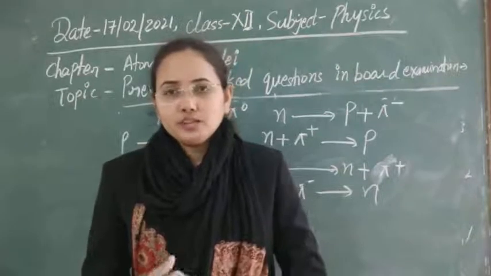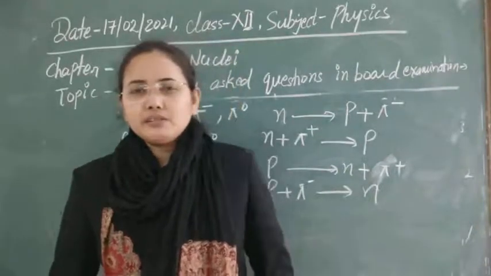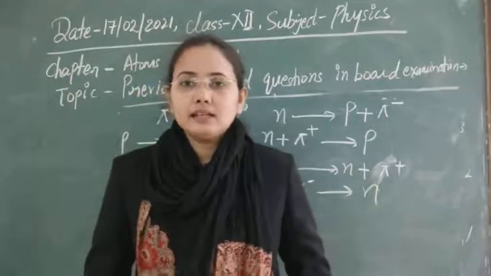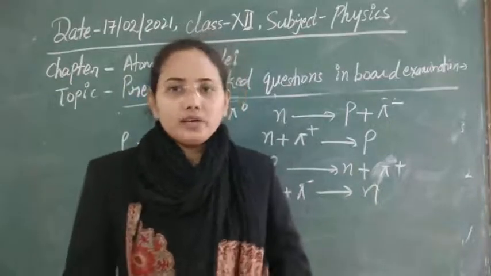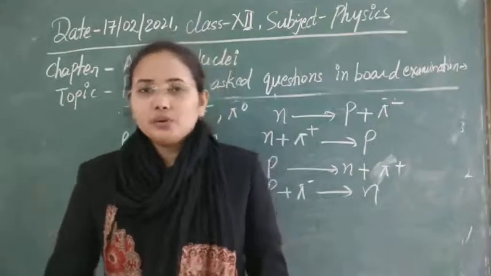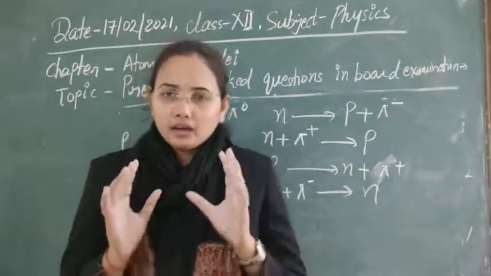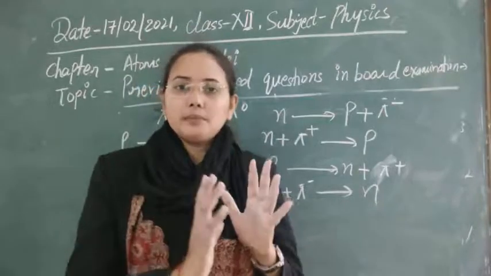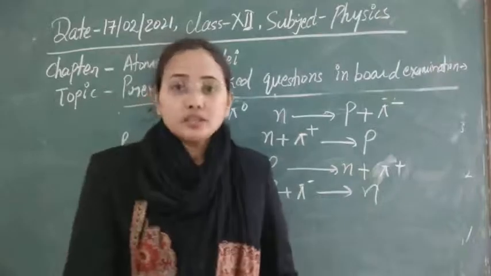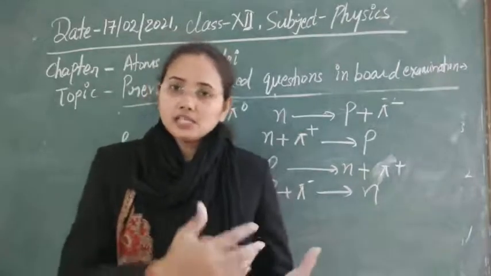nuclear fission and fusion. In the case of nuclear fission and fusion, the important thing here is the chain reaction. You know, whenever neutrons are bombarded on uranium, krypton and barium are obtained, and also 3 neutrons and a large amount of energy.